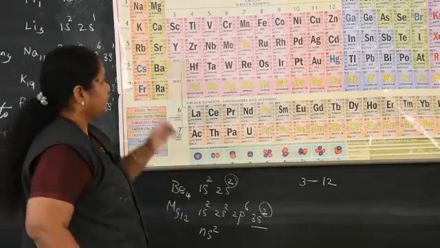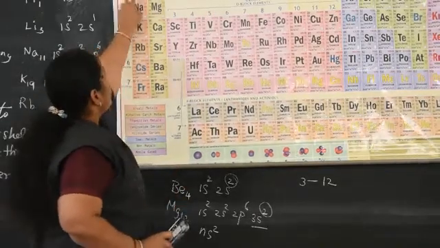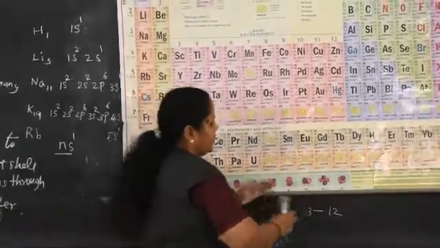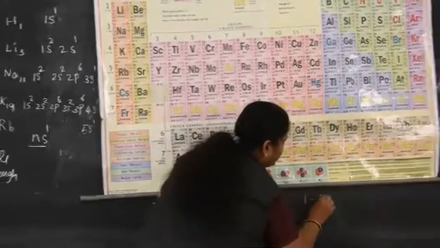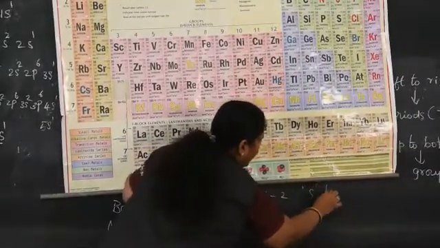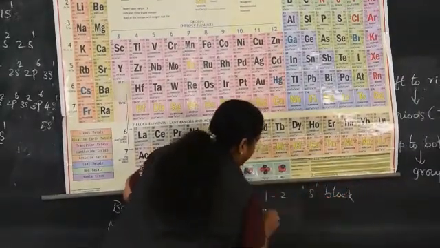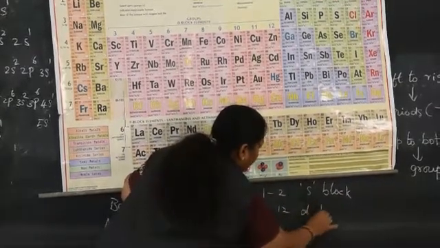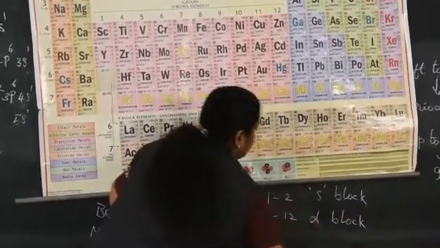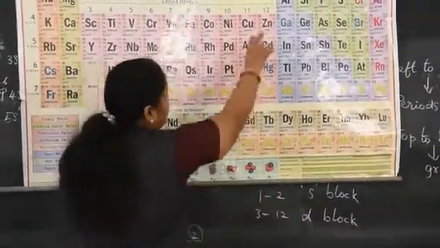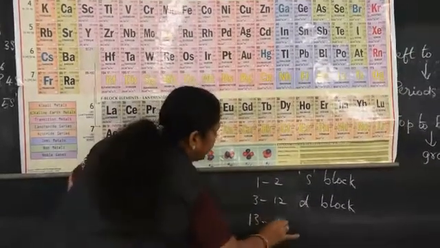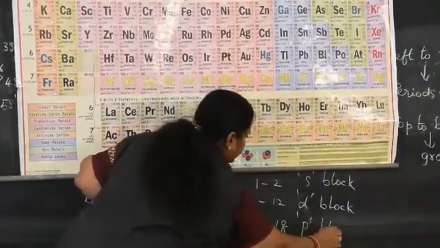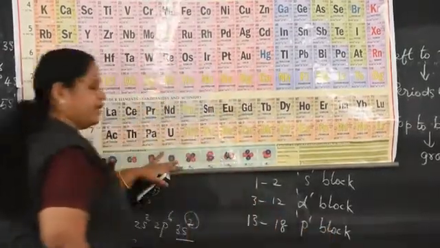Now, the elements belonging to group 1 and 2 are called S block elements, and 3 to 12 are called D block elements. The elements belonging to group 13 to 18 are called P block elements.